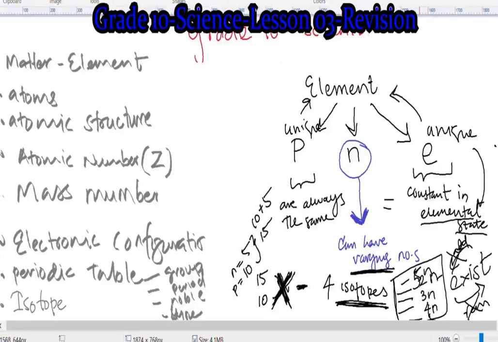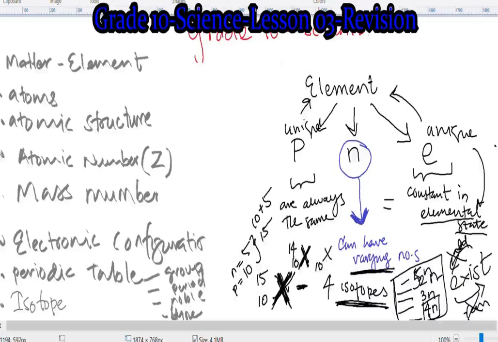Then for the other one, with 4 neutrons, it will be element X, atomic number 10, mass number 14.